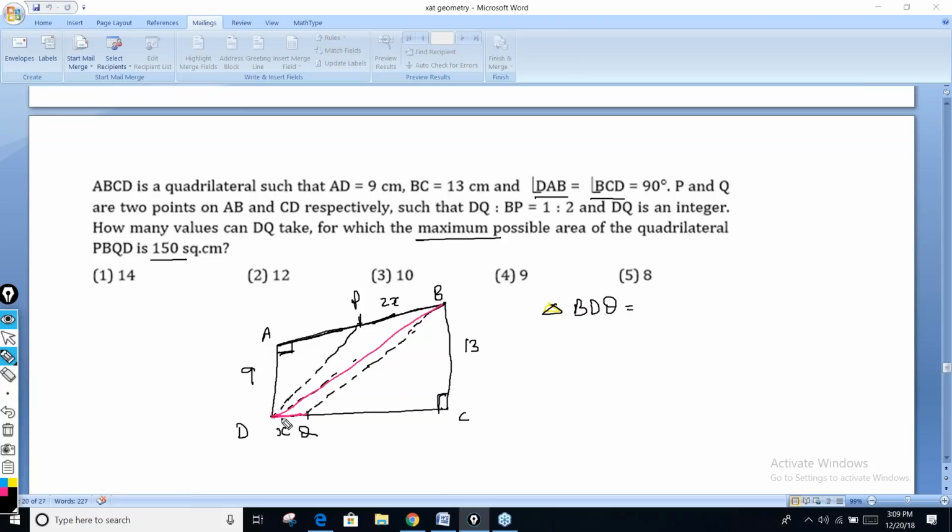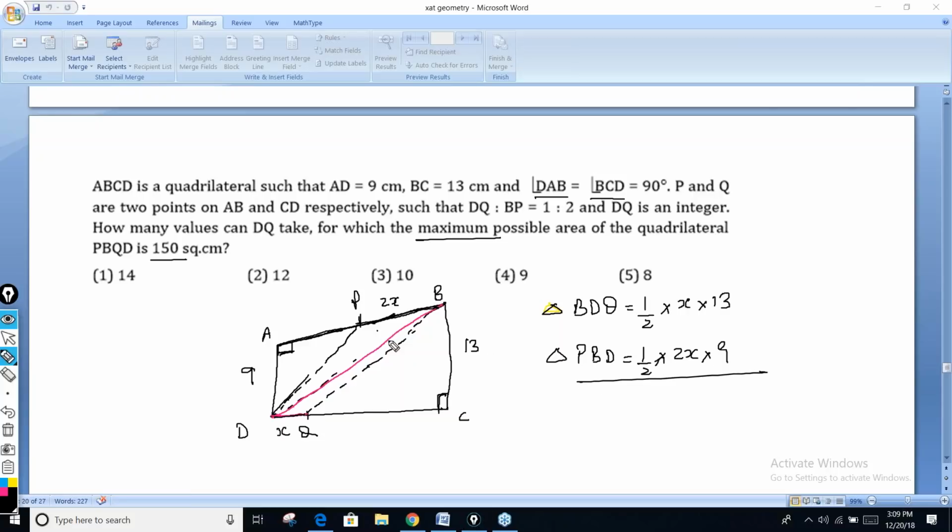It is half base into height. The height is 13. Similarly for this triangle, this is the base and this is the height. For any two parallel lines, you draw the base, you draw the height; it is the same for all the triangles. So this is the base and 9 is the height. What is the area of triangle PBD? That is half base into height, and the height is 9.